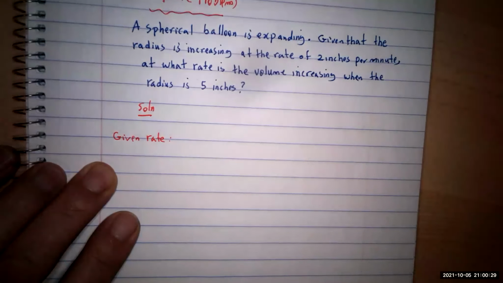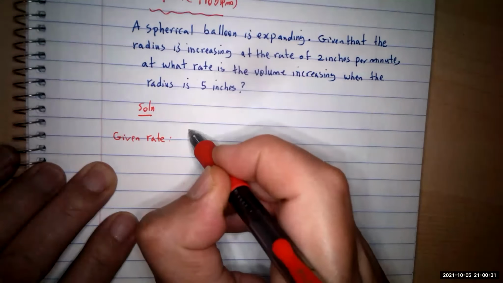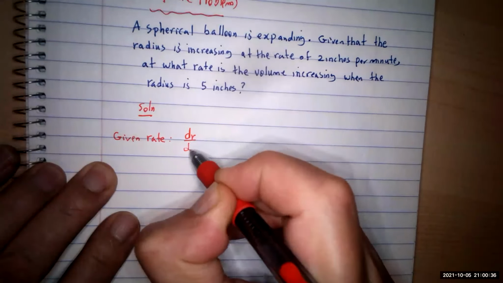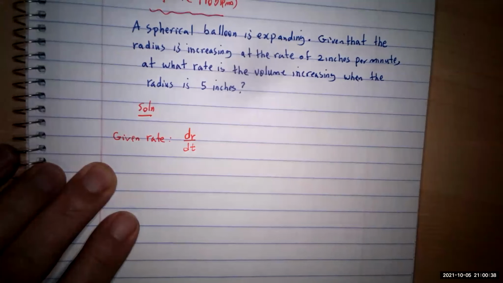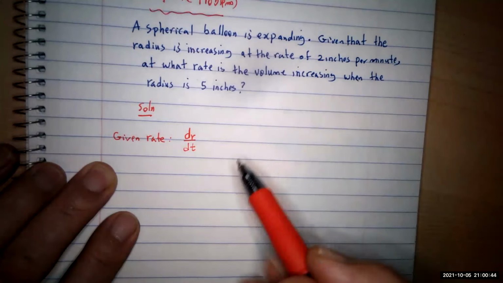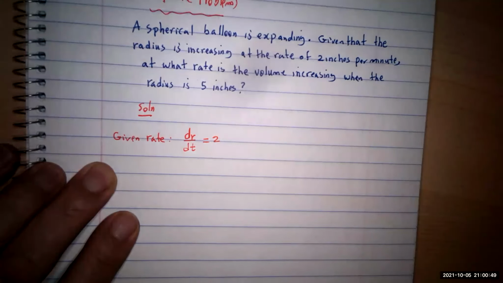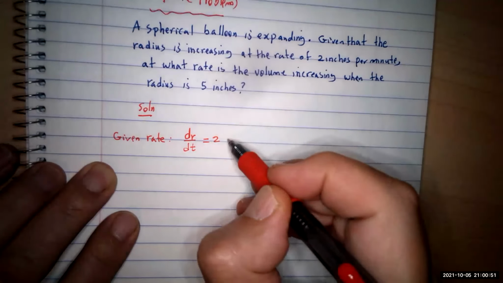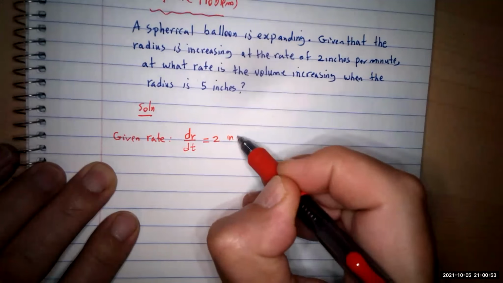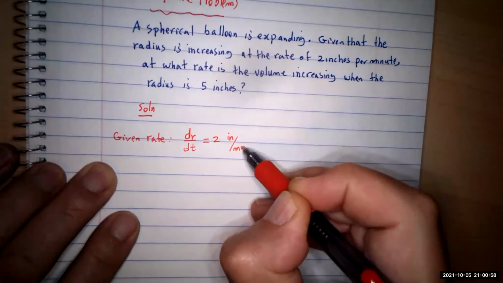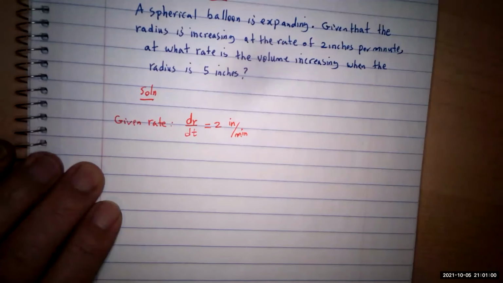The radius is denoted by r, so the rate of the radius is dr/dt, which is equal to 2 inches per minute. So that's the given rate. Any question?